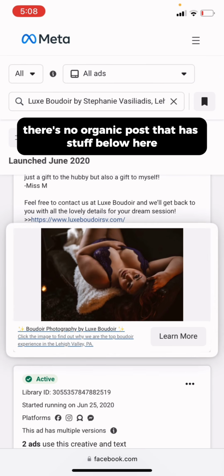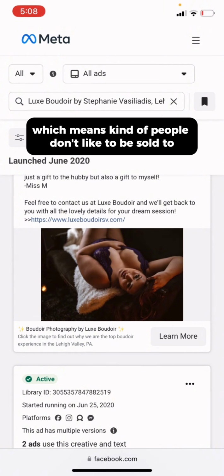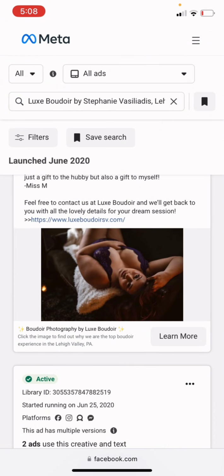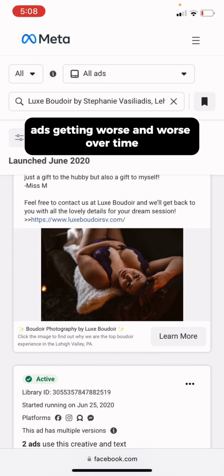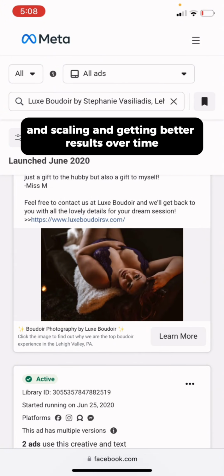There's no organic post that has stuff below here. This makes it look more like an ad, which means people don't like to be sold to. Qualified people are scrolling by, ads getting worse and worse over time, less ROAS, less results for the same ad spend, instead of sustaining and scaling and getting better results over time.